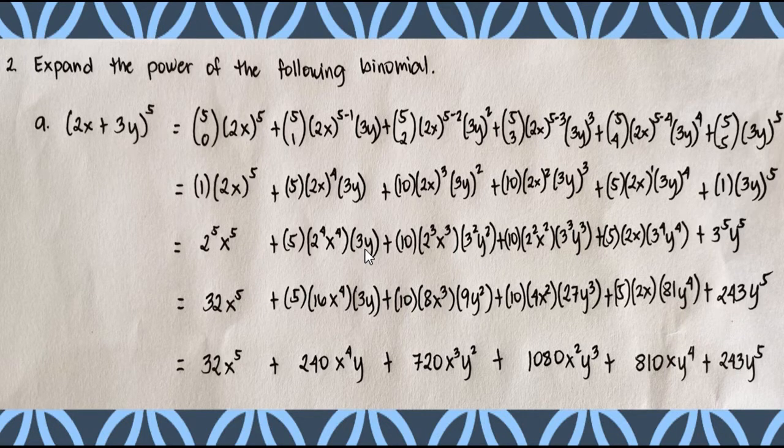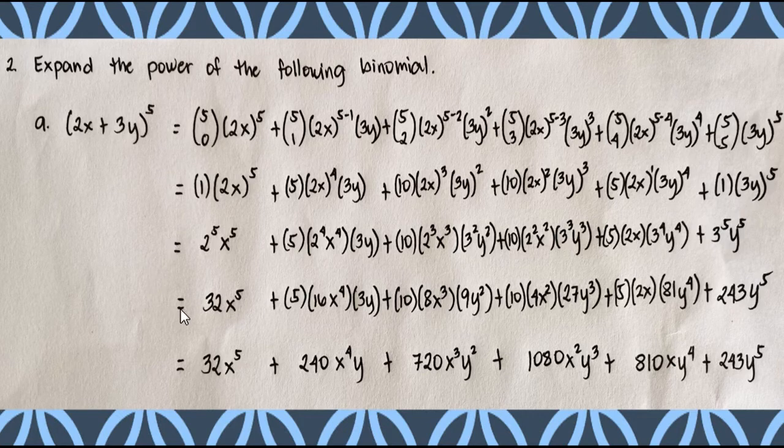Then, 10, 2 cube, x cube, times 3 squared, y squared, 10 times 2 squared x squared times 3 cube y cube plus 5 times 2x, kay 1 naman ang exponent, then 3 to the power 4 y to the power 4 plus, i-distribute po natong 3 to the power 5 y to the power 5.